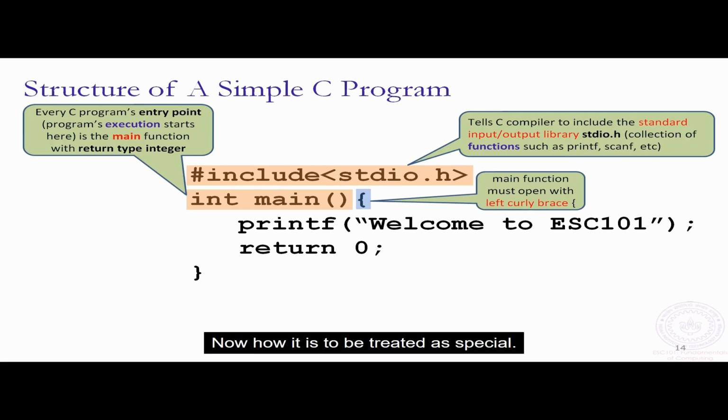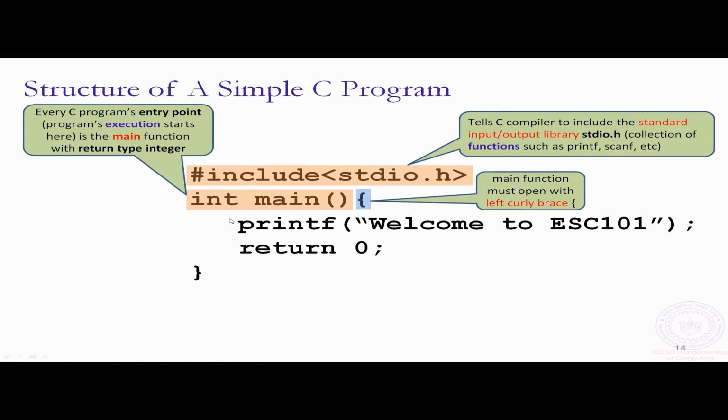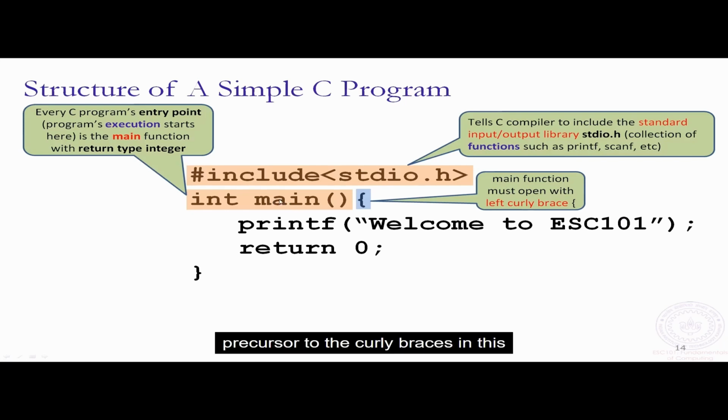Now, how it is to be treated as special is going to depend on the precursor to the curly braces. In this case, it's the main function. So all that the program will know is that it's a function. The name of the function is main, and the contents of this function have to be executed. So that's all it will know. And then it will immediately move to the contents.